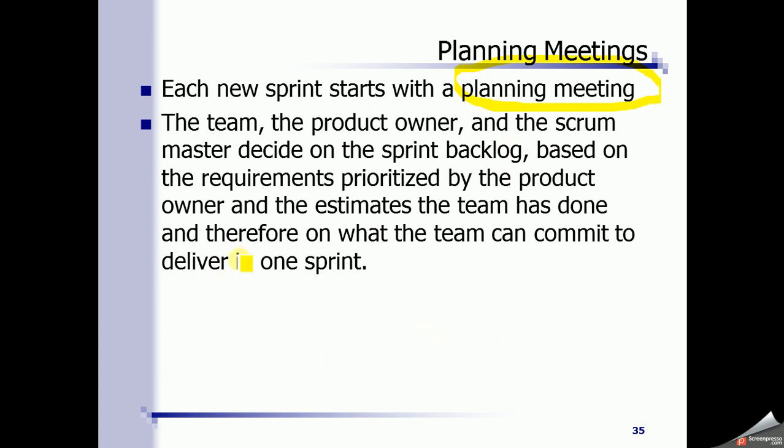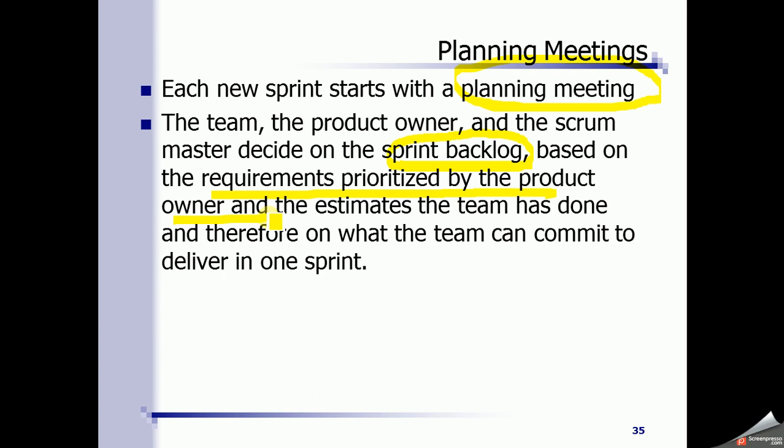So this meeting has two parts. The team, the product owner, and the scrum master decide on the sprint backlog. So the team, the product owner, and the scrum master, they will decide on the use cases that should be delivered in the current iteration or the sprint backlog. Based on the requirements prioritized by the product owner, so the product owner has given the priorities for all the requirements.